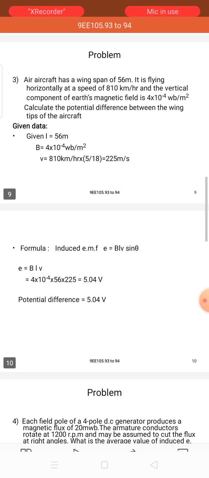Okay, so in the problem, the aircraft wingspan is given, that is the length. Consider the length of the aircraft as 56 meters. The speed means velocity, and it is given in kilometers per hour, so you convert to meters per second, that is 810 into 5 by 18.